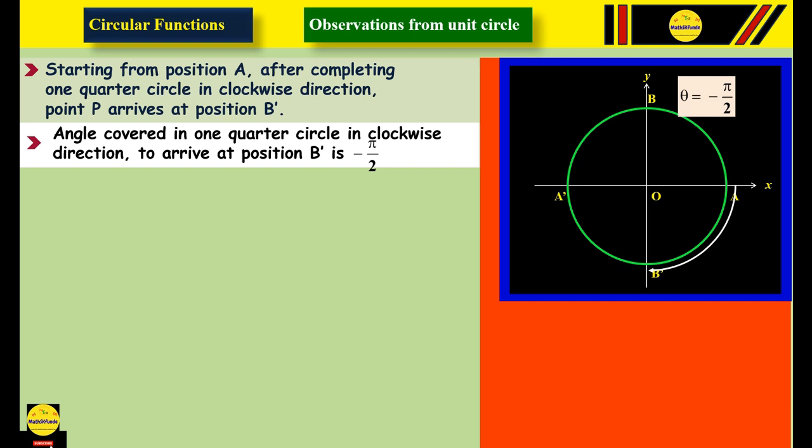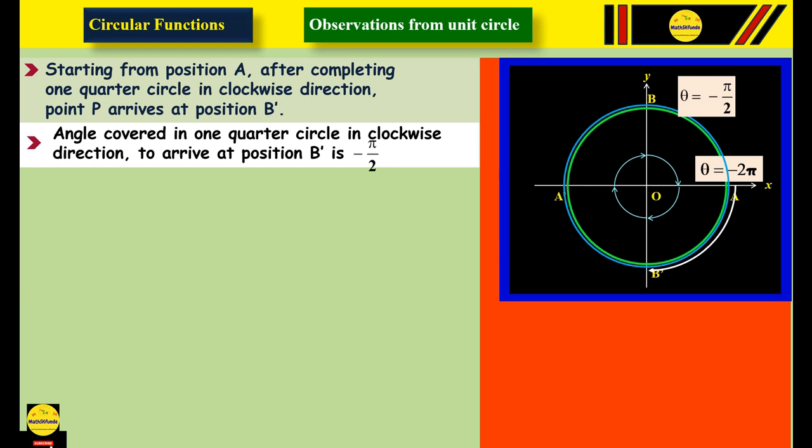So right now what I am seeing is that for the first quarter circle in clockwise direction, we get angle theta as minus pi by 2, and point P has reached position B dash. Now, if I allow point P to continue its journey in clockwise direction and it completes one circle, that means the corresponding angle would be minus 2 pi.